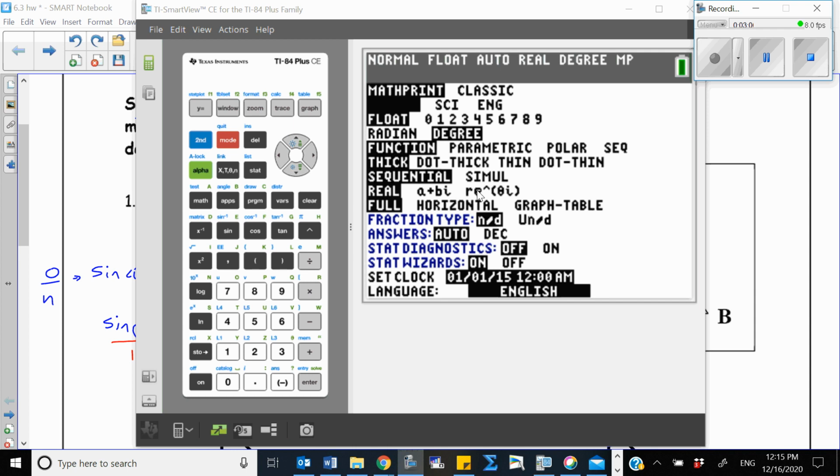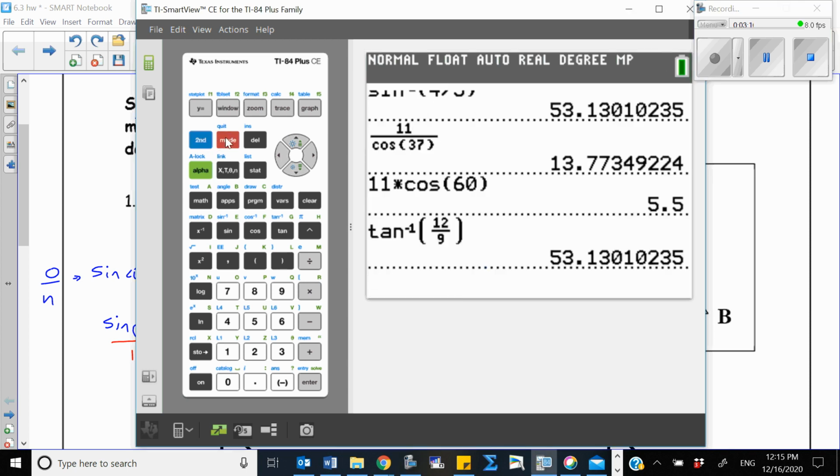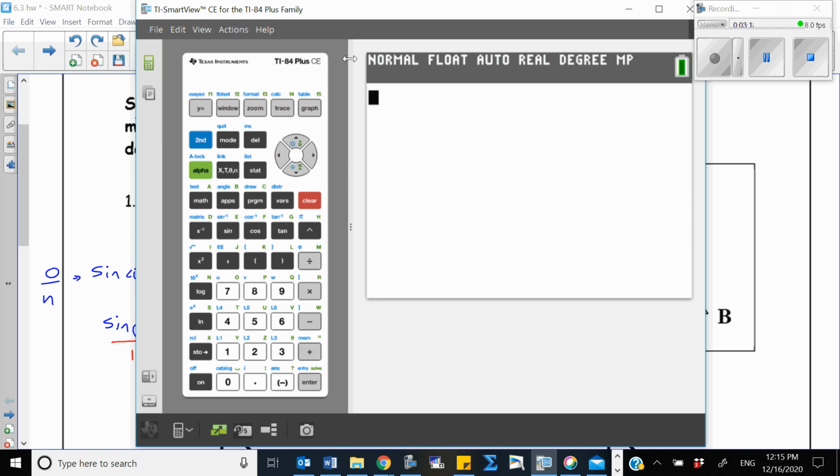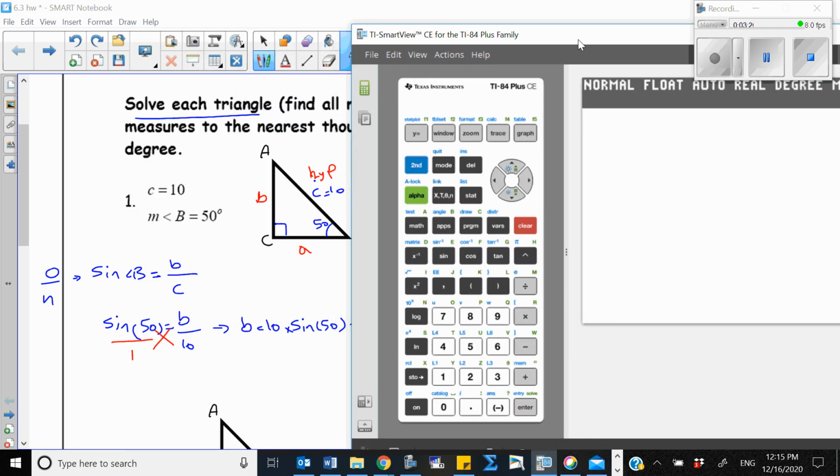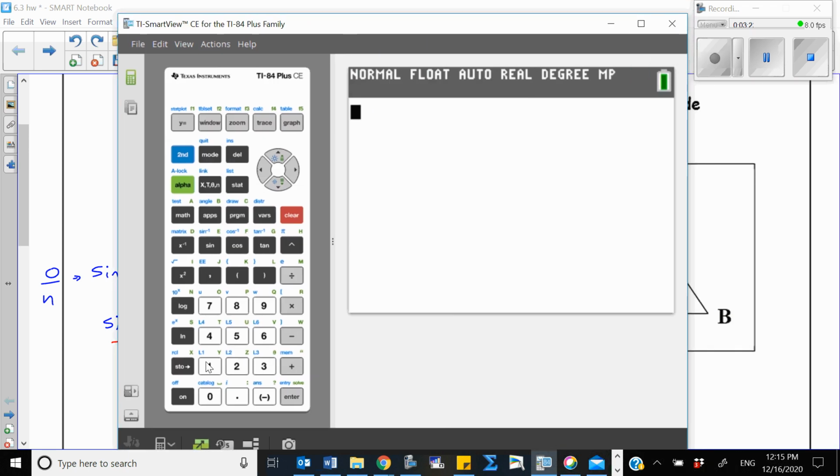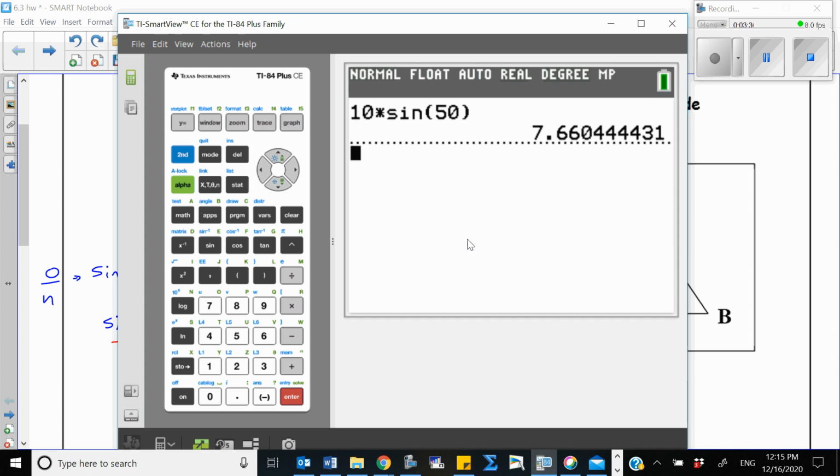Okay, so here's my calculator. First of all, make sure your calculator mode is in degrees mode, like this one over here, because we are working with degrees at this time. Next, I'm going to find the answer of 10 times sine of 50. That's my angle. And it's equal to 7.66.